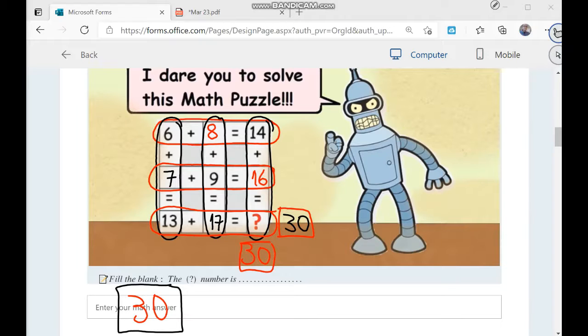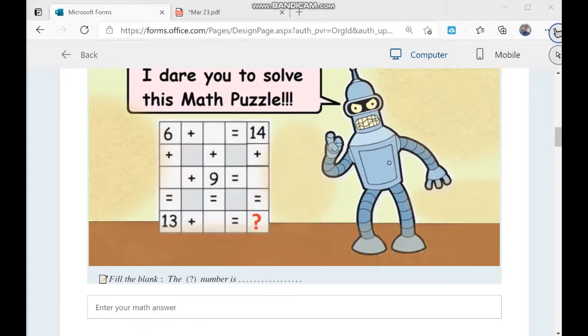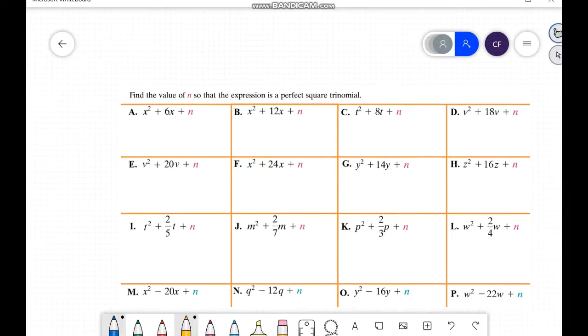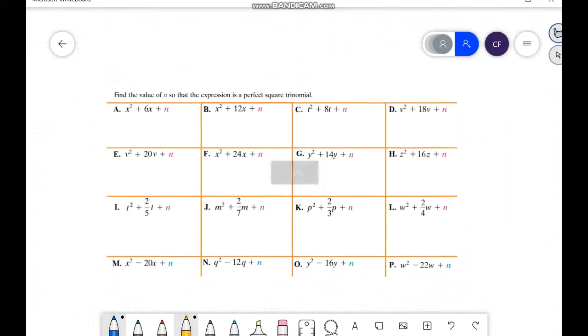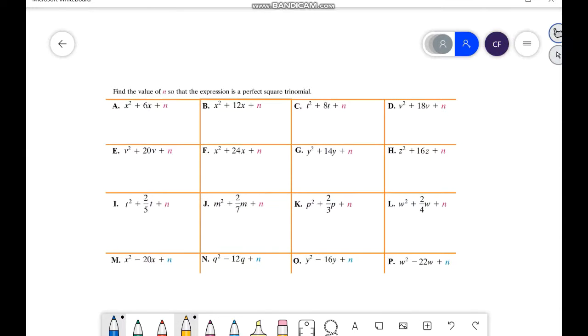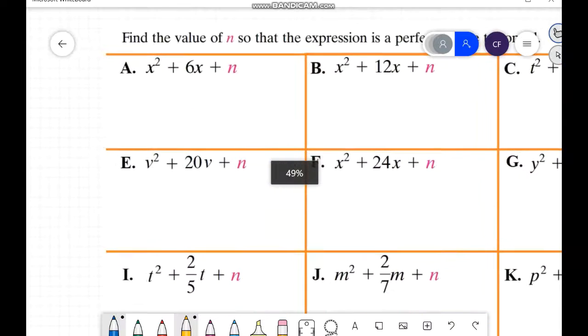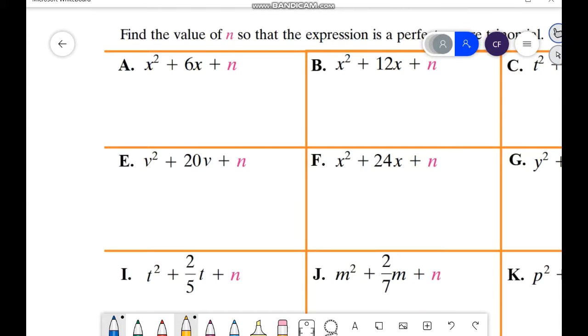So, moving on, let's move to the practice round. On the quiz, find the value of n so that the expression is a perfect square trinomial. Let's work on the first one. We are completing the square. That's what we are doing.